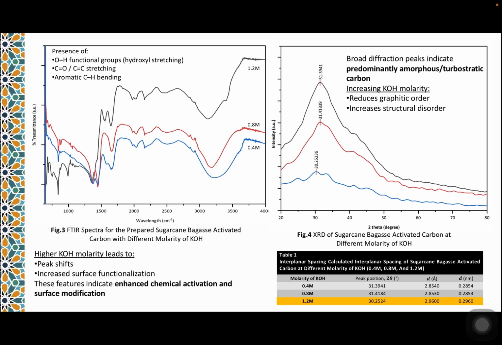From the XRD study, we calculated the interplanar spacing of the carbon, presented in table 1. As we can see here, as we increase the molarity of KOH, the d-spacing of the carbon increases, where at 1.2 mol KOH, the d-spacing of the carbon is 2.96 angstrom.